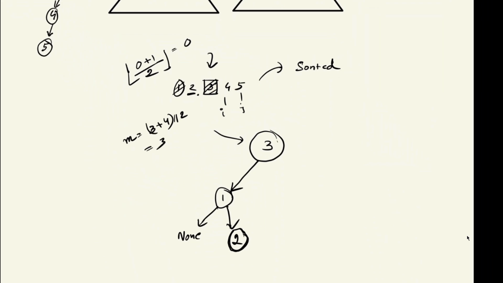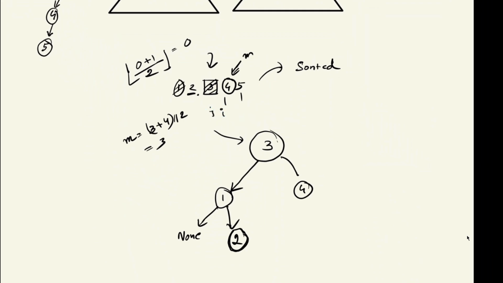So our middle will be here, and this is going to be the root of the next node. So after making it a node root, we simply move our right pointer to the left, and now j crosses i.